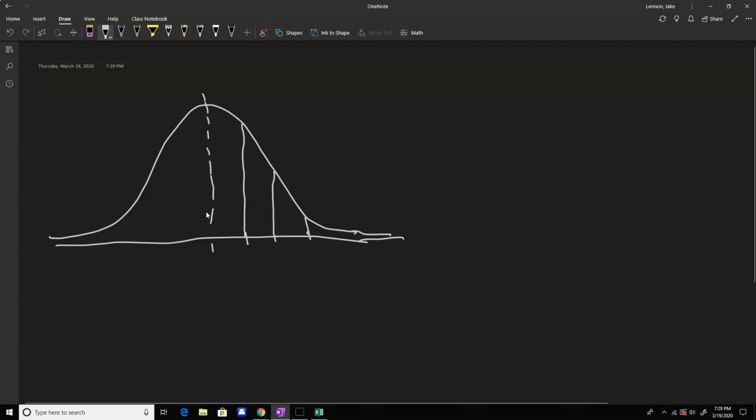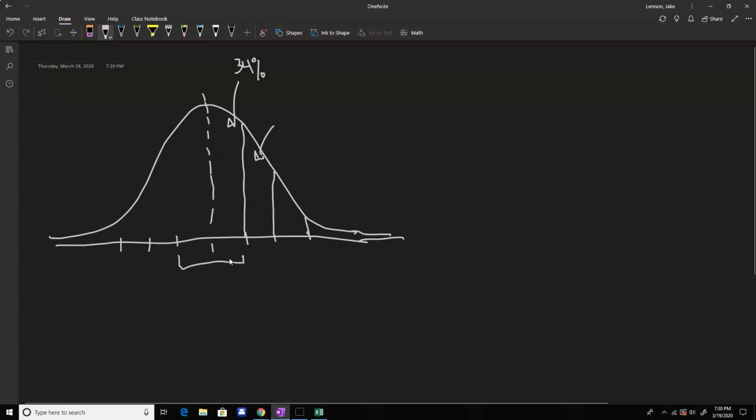For the first section, we could use the symmetry argument, right? You have the same sections on either side that are also symmetric, but we just want to figure out what each piece is, and then we could figure out any possible percentage. The first section adds up to 68%. So 68% divided by 2 tells me that this section right here has area 34%. We just figured out how much this one would be in the previous problem.